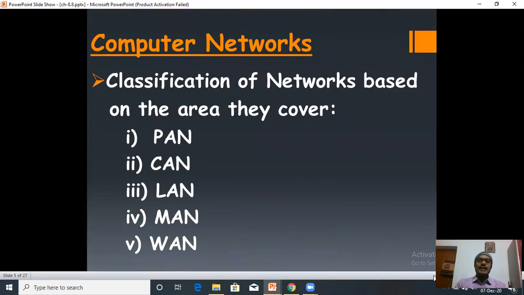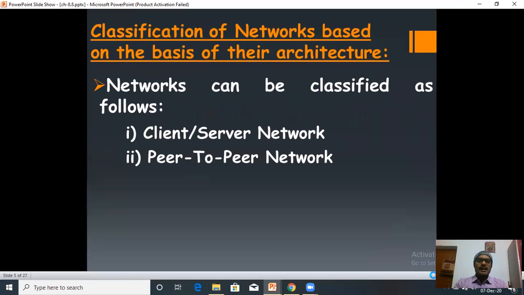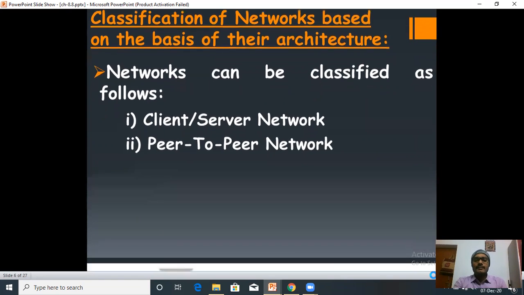When we classify computer networks according to the area they cover, they can be classified into 5 types: PAN, CAN, LAN, MAN, and WAN. And according to the architecture, they can be classified into 2 types. First is client server network and second is peer-to-peer network, which I have already discussed.